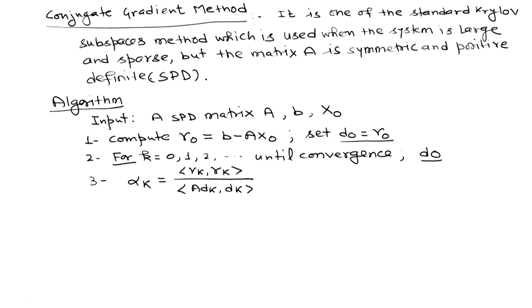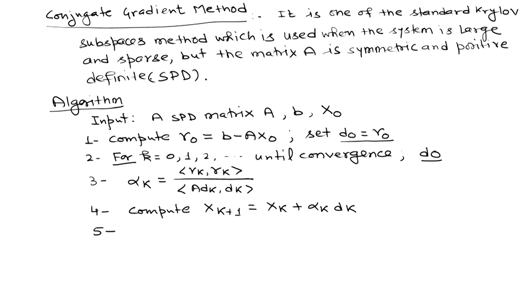In the initial iteration it is the same, then it will change, because later on we will make the change in the search direction. Then fourth step is compute x k plus 1 equals x k plus alpha k d k, the same iterative equation as we are having in steepest descent.